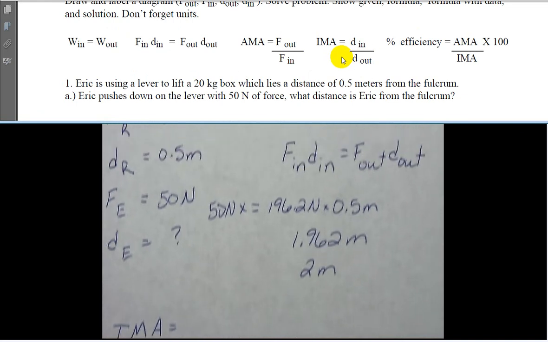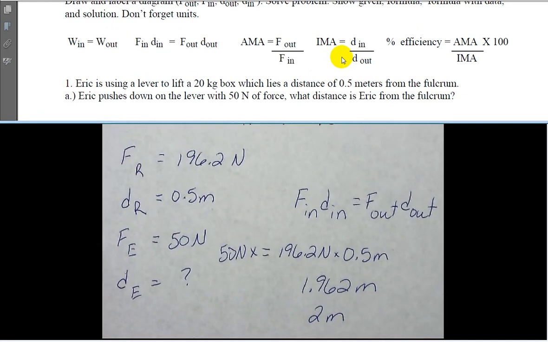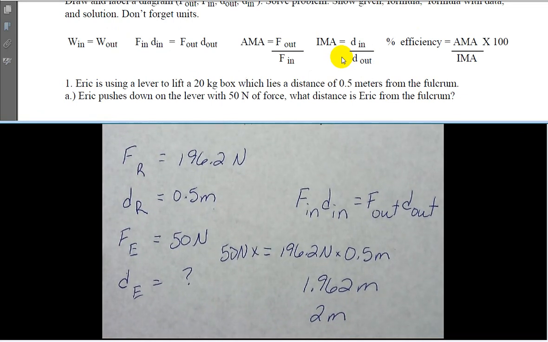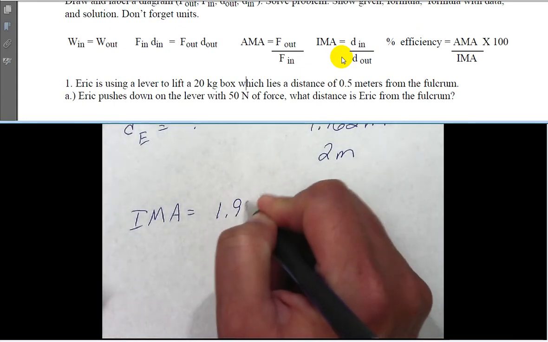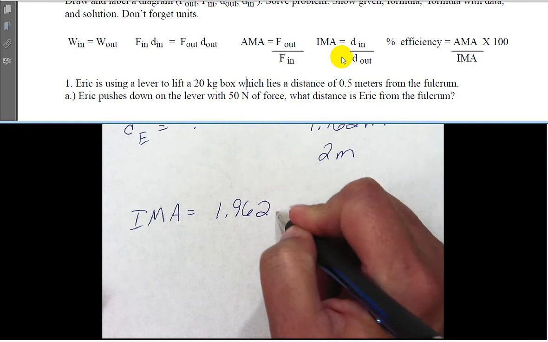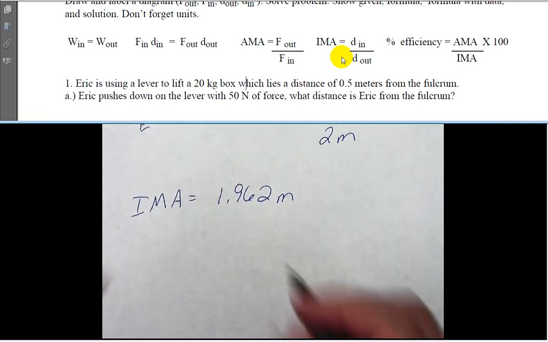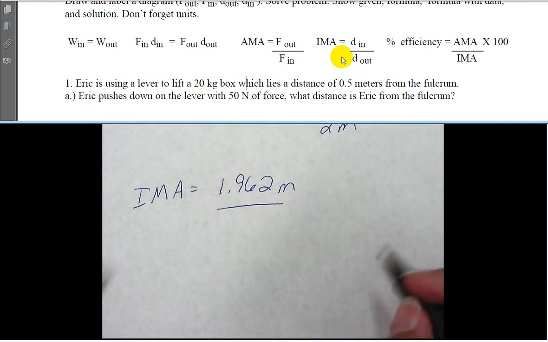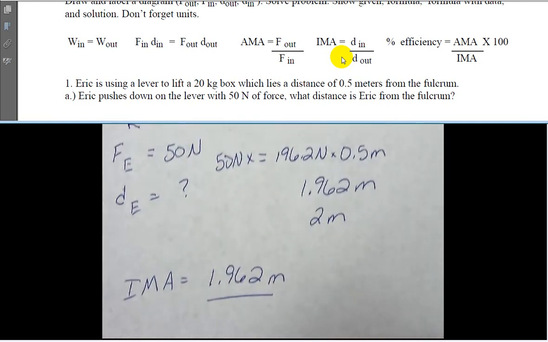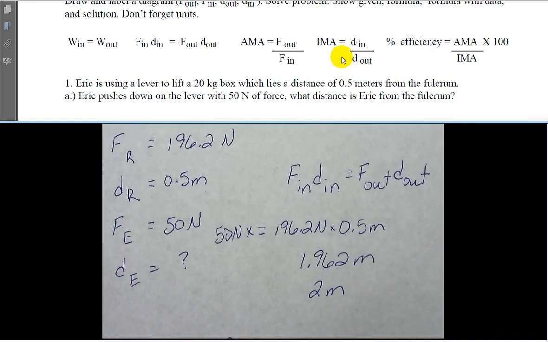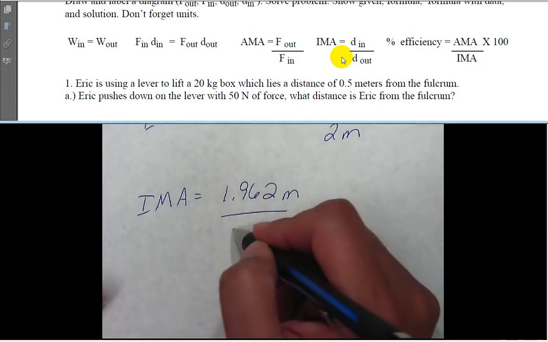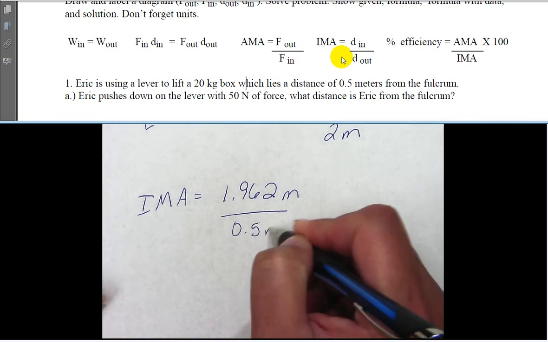Our distance in is our effort, and that is what we just found: 1.962 meters, over distance out, which if you look back at our equation, our distance out is 0.5 meters.